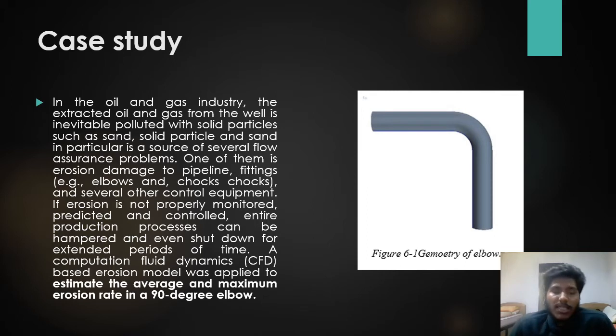If this erosion is not properly monitored or predicted, the entire production process can be hampered or even shut down for an extended period of time. So we used computational fluid dynamics software, where an erosion model was applied to estimate the average and the maximum erosion rate in a 90-degree elbow.